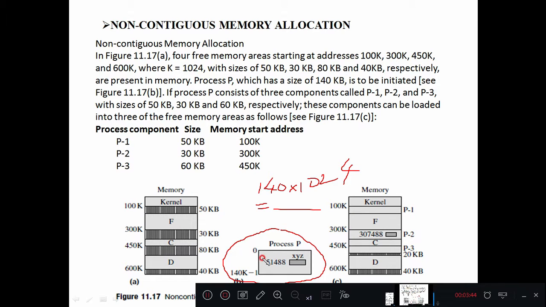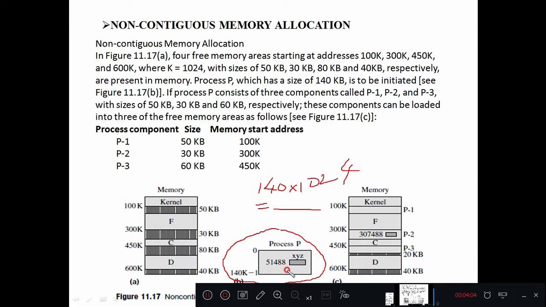Here the process is stored in a memory, and that memory we call logical memory. Whenever the data and the code or instructions are fetched from that logical memory, the computer system is going to convert that logical address into the physical address.